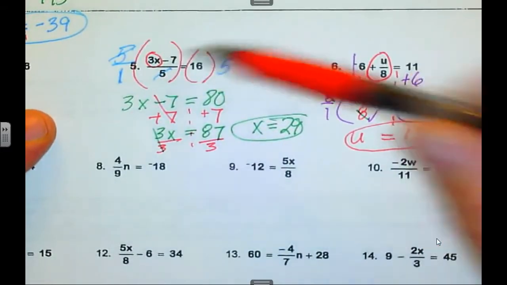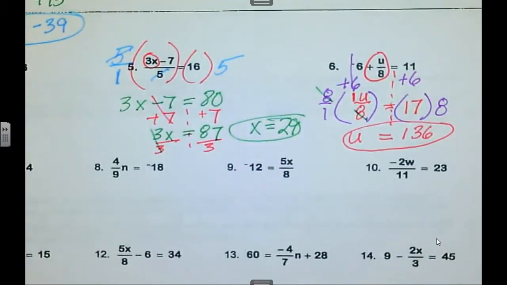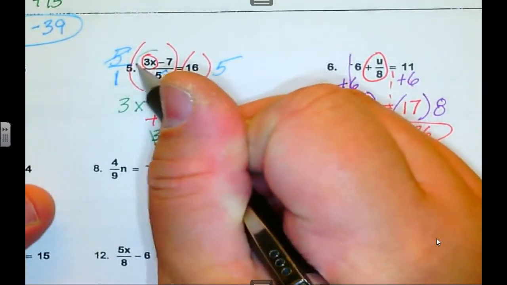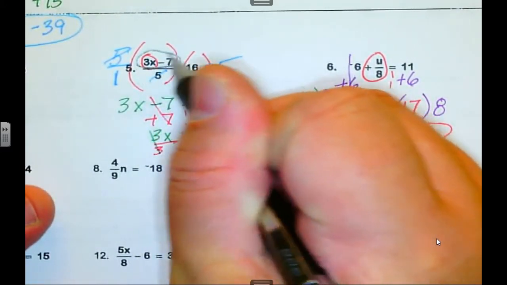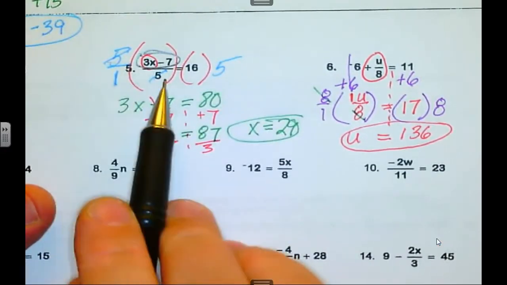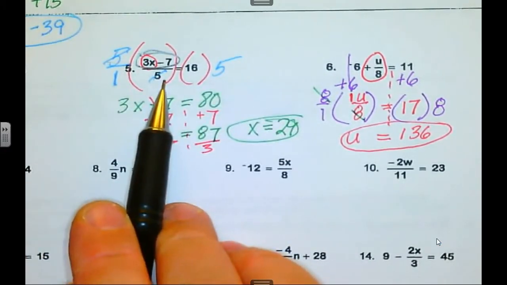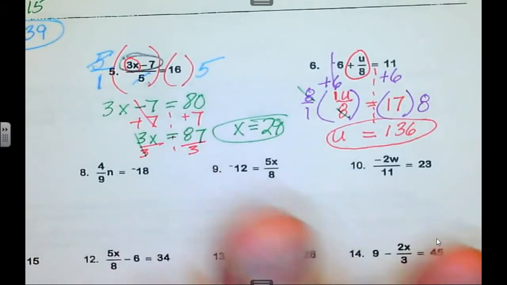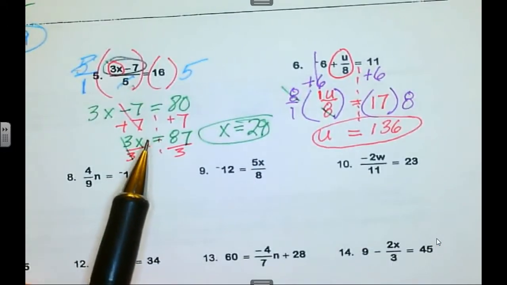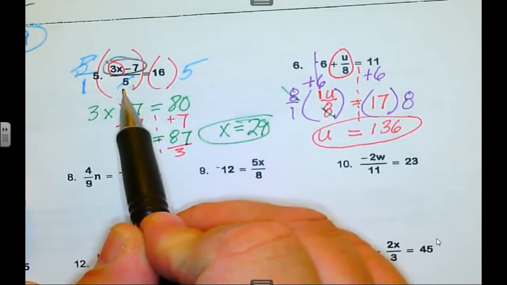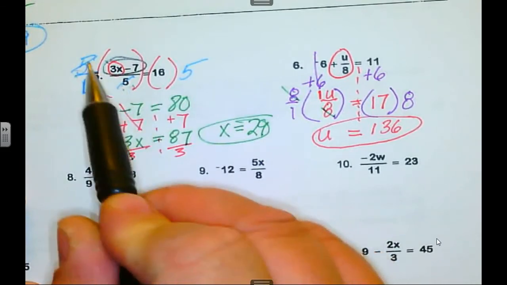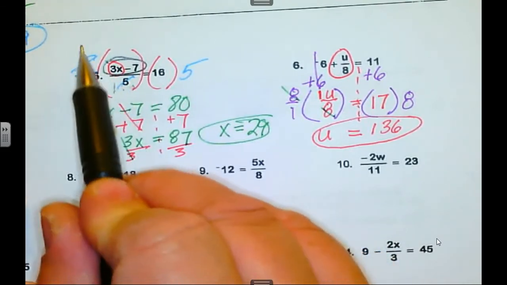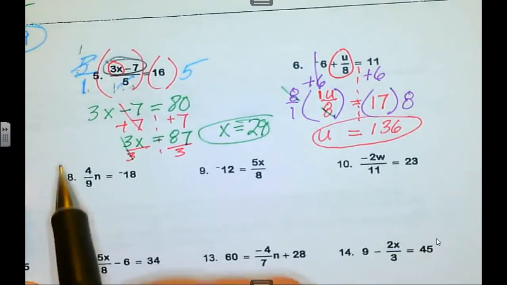Okay, I want to get my numerator by itself first. Because my x is locked in here, I want to get rid of my denominator. There are other ways of doing this. This is just kind of the easiest way. All of these cancel to 1, so I get 1 times my numerator.